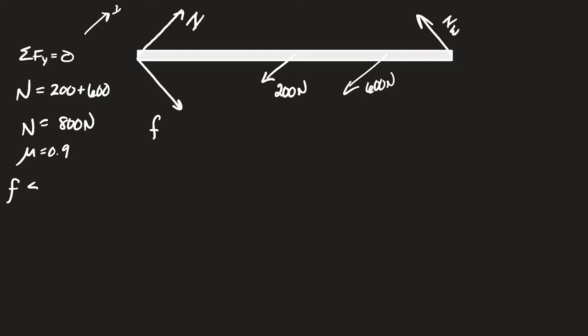Friction is something between 0 and mu times the normal force, which in this arrangement is going to be something less than 720 newtons. Right? That's how static friction works.